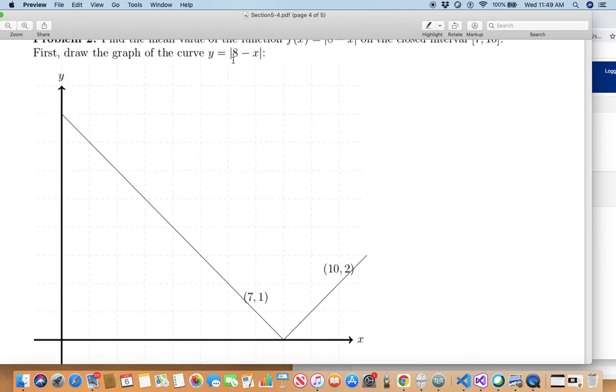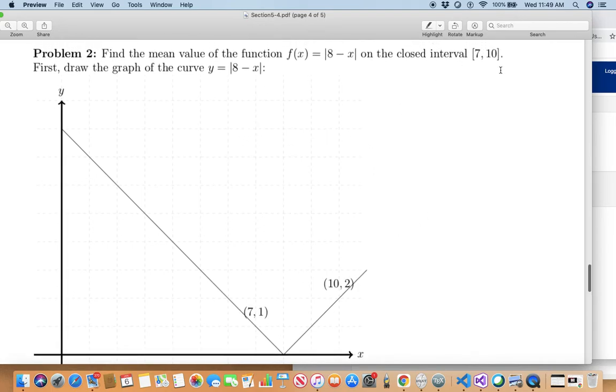But I'm going to take the absolute value, so the positive side stays above, whereas the negative part is reflected above. So the line segment basically comes down and then flips back again.